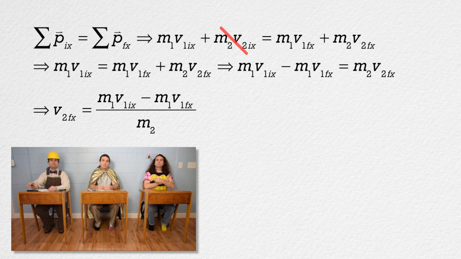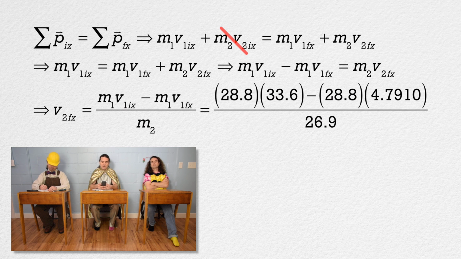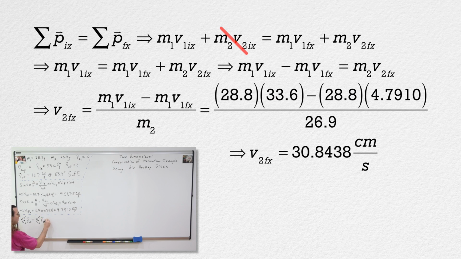So the velocity of disk 2 final in the x direction equals 28.8 times 33.6 minus 28.8 times 4.7910, all divided by 26.9, which equals 30.8438 centimeters per second.